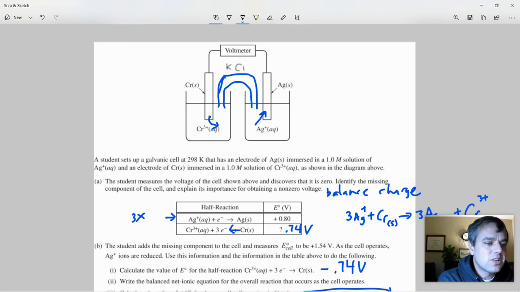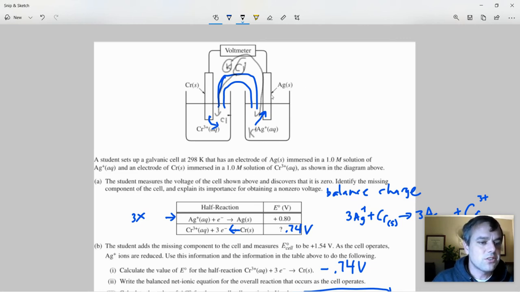Well, what's going to happen is that since we're dumping positive ions in there, the Cl minuses are going to go this way, while the potassium ions are going to go this way to replace the silver ions that have been removed from the solution. So you need to balance the electrical charge.